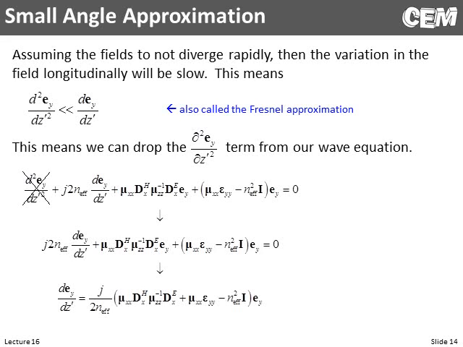So we're going to drop that from our matrix wave equation, and now we have a matrix wave equation only with a first order derivative. So now we use our algebra crank and we essentially isolate that derivative on the left hand side, and here's our final form of our matrix wave equation.